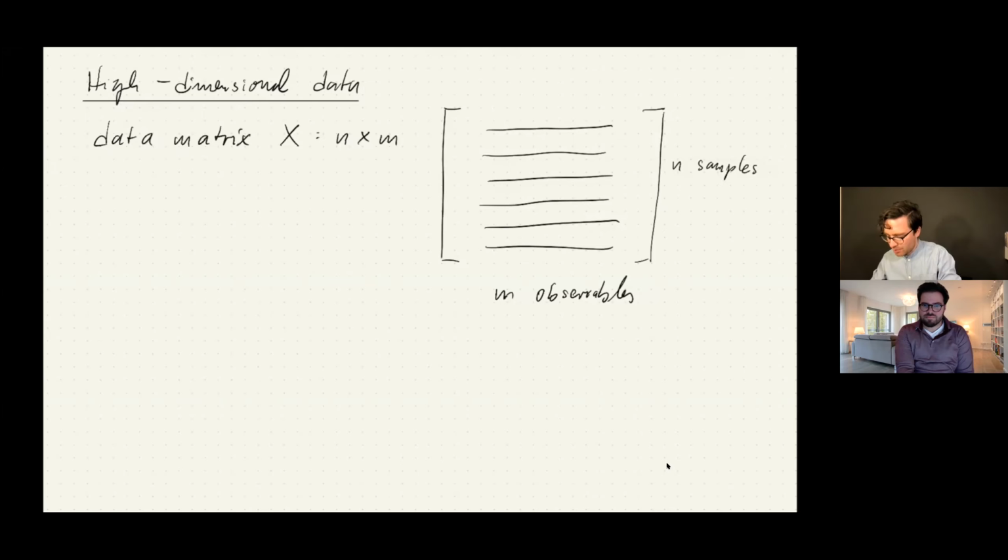That's m observables, and this gives us the dimensionality of our data. Now you can do this with yourself, ask your friends to do it, and then maybe do it with all people in Asia or all over the world. And this gives you the number of samples that you have.